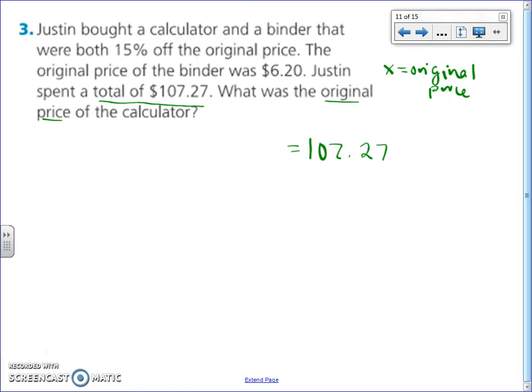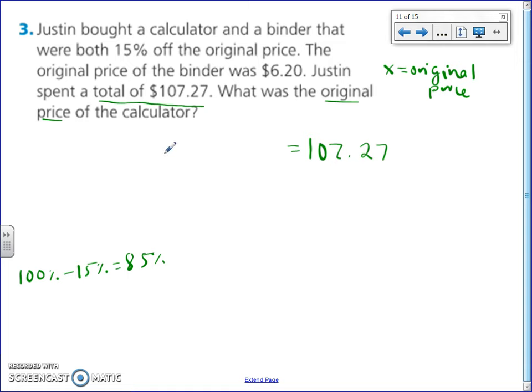I bought a calculator and a binder. They're both 15% off. Since they're 15% off, again, I'm comparing the 15% to my 100%. 15% off of the total price, which is 100%, means that I'm really spending 85% of what the price was.